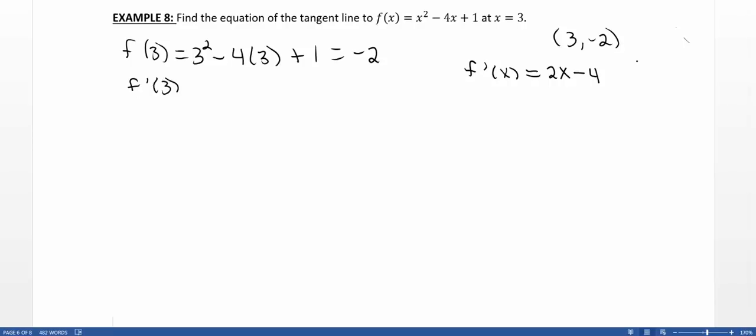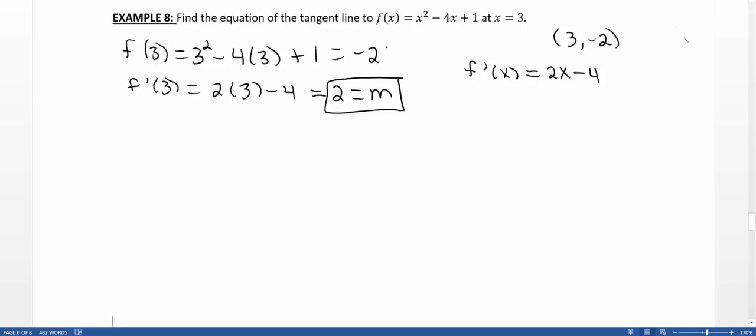So f prime of 3 means that I'm plugging a 3 into my function here. So I have 2 times 3 minus 4. So 2 times 3 is 6. 6 minus 4 is going to give me 2. So remember, that's the slope of the tangent line, right?